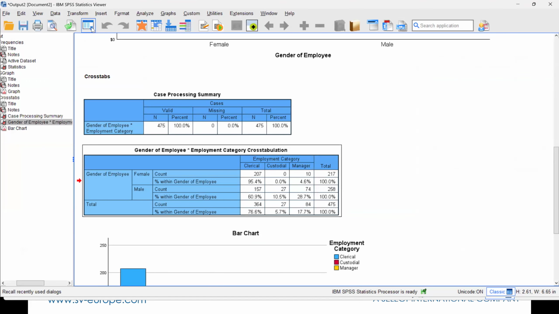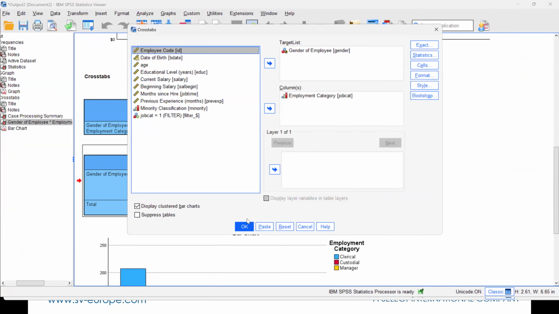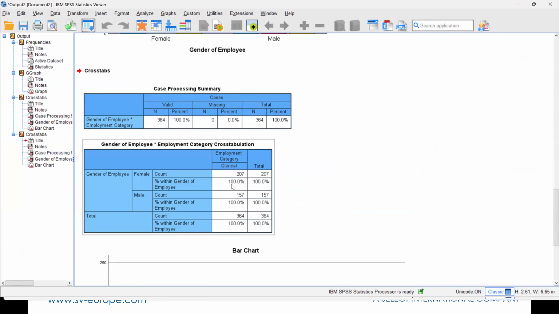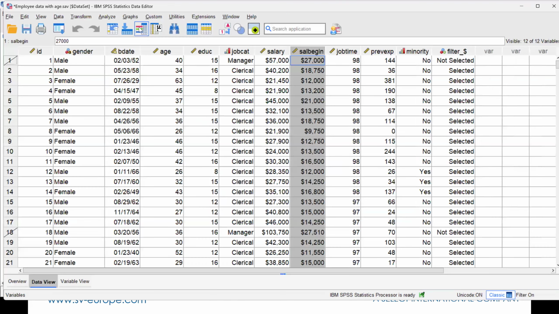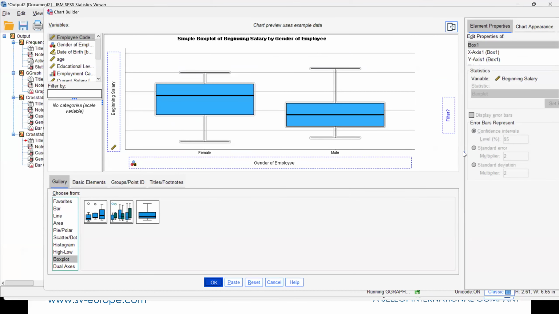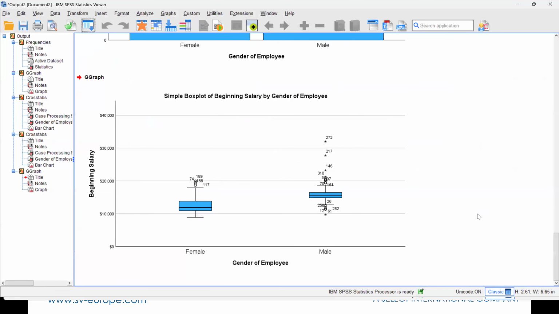And if I reran my crosstab again, you'd only see one job category in it, which is, of course, clerical. And we have 364 cases rather than 474 cases. And then if I rerun my box plot again, we'll be looking at the female and male clerical workers. Okay, so now we're still looking at the male group here.